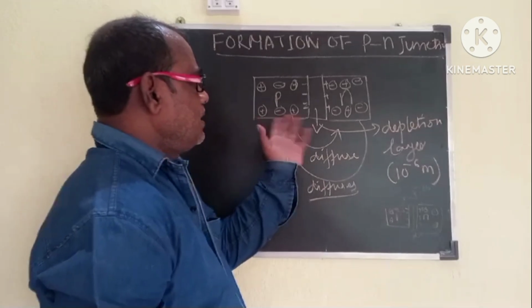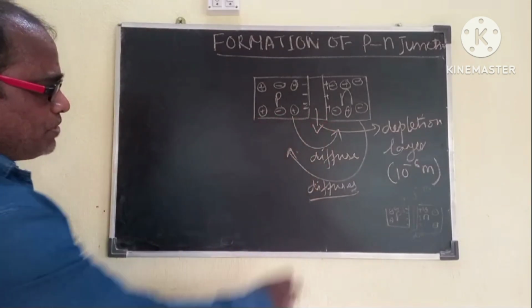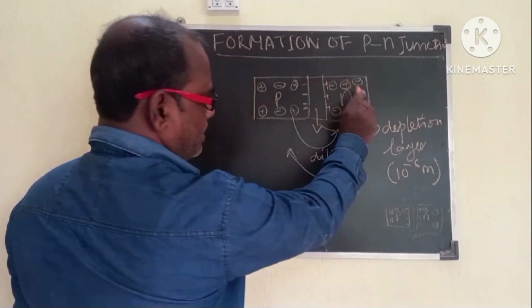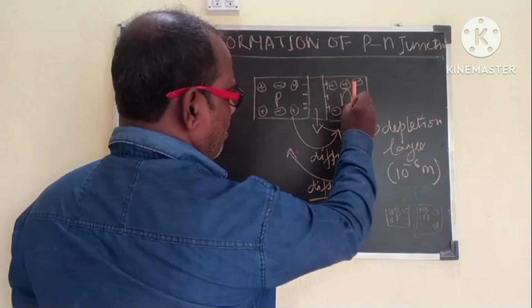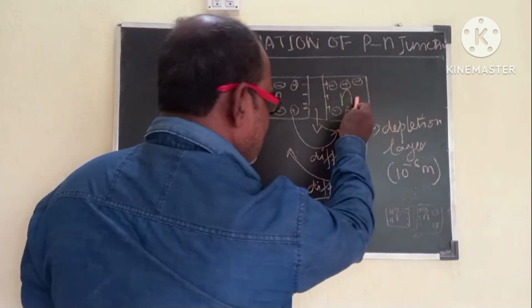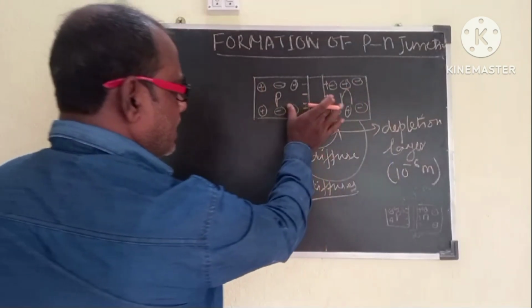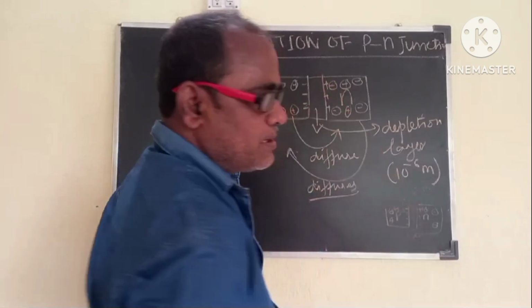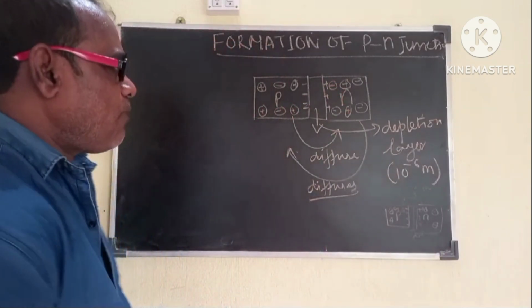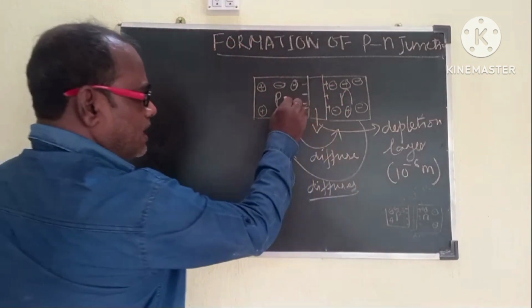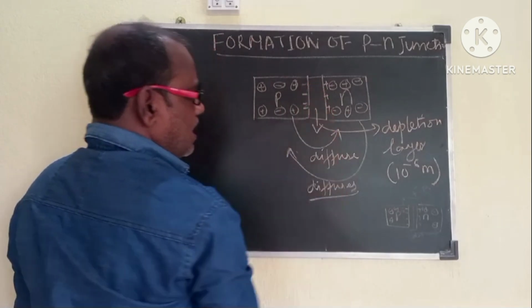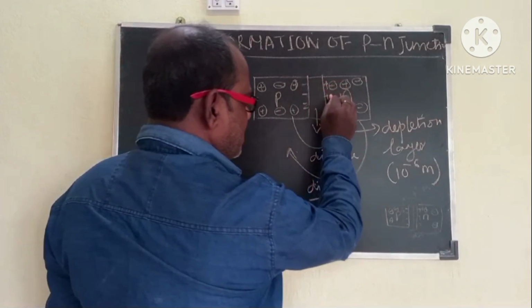Due to the diffusion of holes from the P section to the N section and of electrons from the N section to the P section, they no longer remain neutral. So finally, here it becomes slightly negative and here it becomes slightly positive.